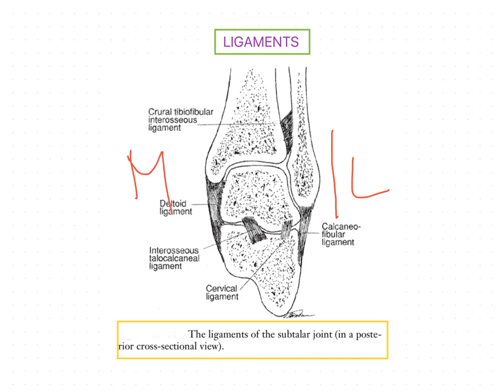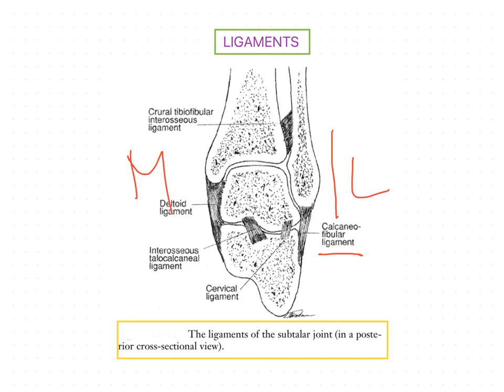These included, from superficial to deep, the calcaneofibular ligament. Here you can see the calcaneofibular ligament and the lateral talocalcaneal. Here we can't find it, but just note it.